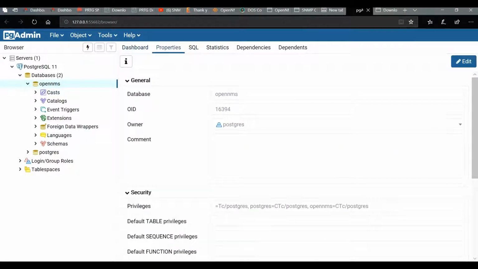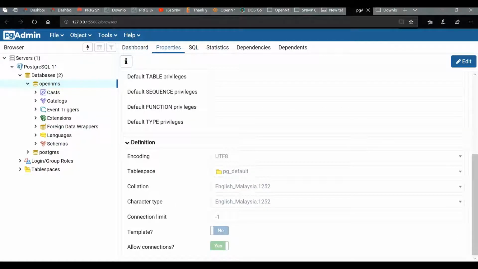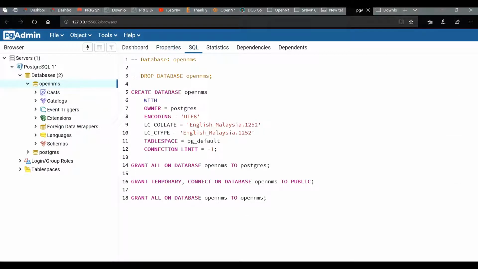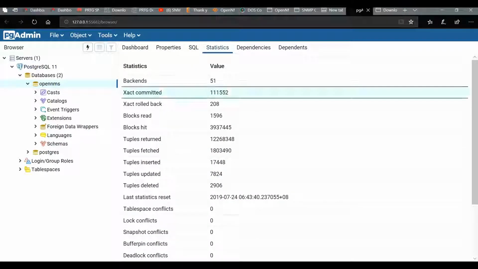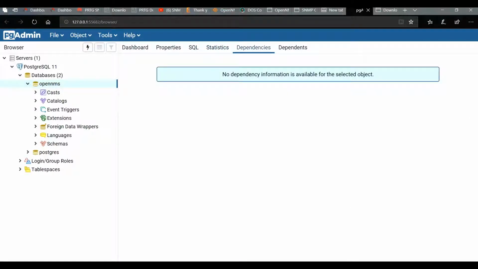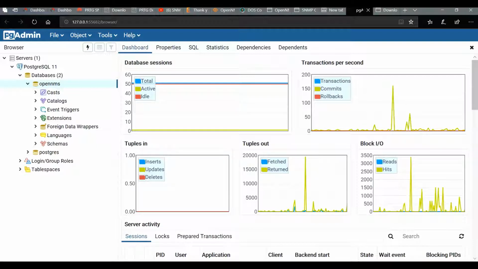Here, properties. SQL, so we need to do something. Statistics, this is our main result. Dependency, nothing. Dependent, nothing.